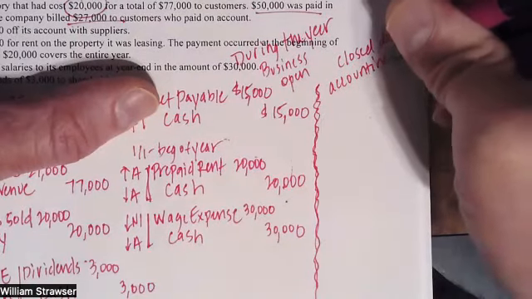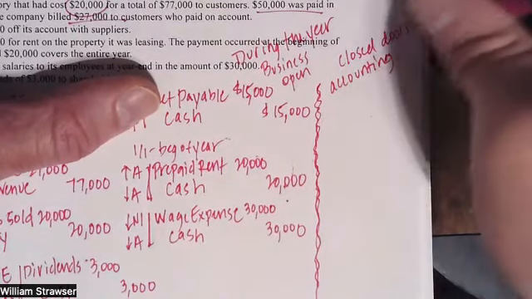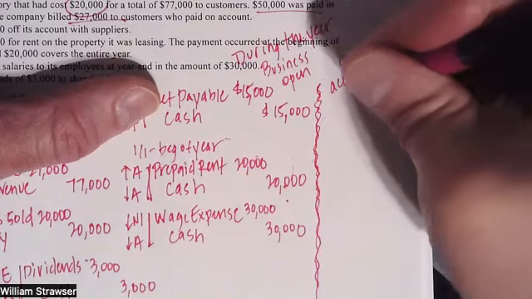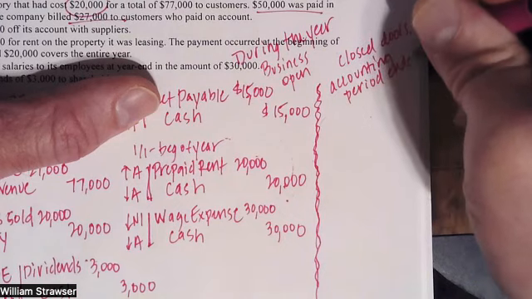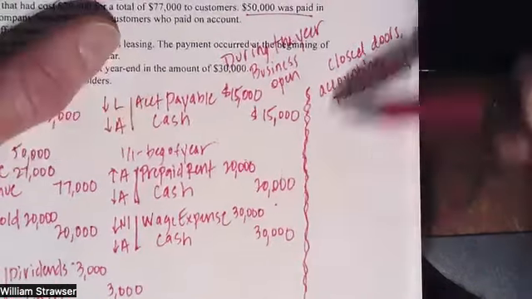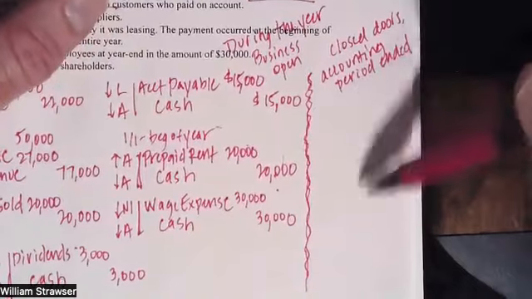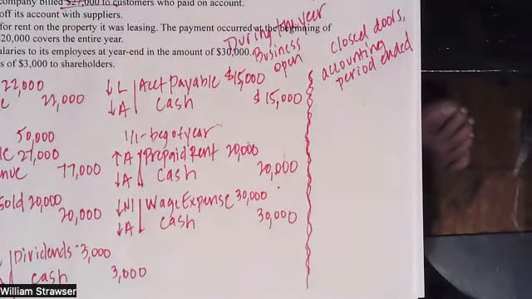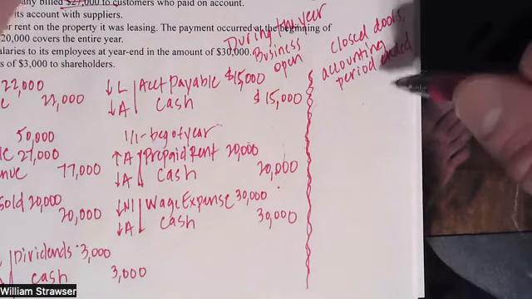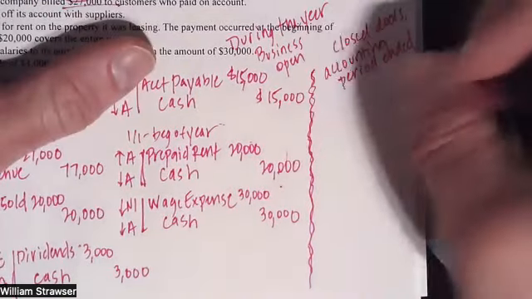These are not official transactions. Sorry, closed doors, accounting period is ended. So the things that happen on this side are not transactions with the company or other entities outside the company. This is all accounting procedures.